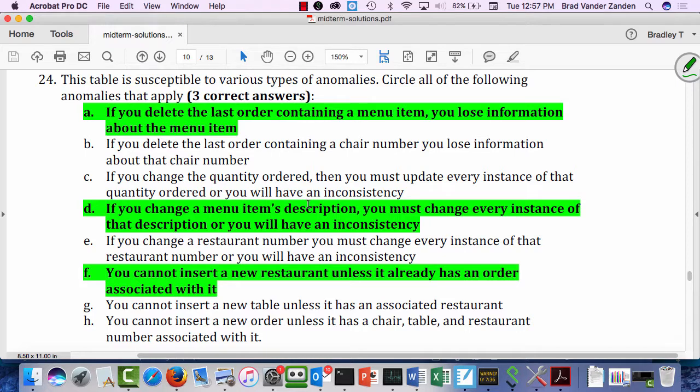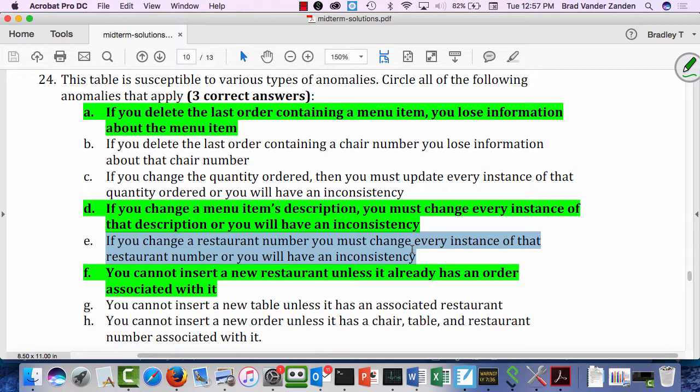However, if you change a menu item's description, then you must change it everywhere because that doesn't change from order to order. It should always be the same. And then it's true, if you change a restaurant number, you must indeed change every instance of that restaurant number. So that is true. You'll have an inconsistency if you don't.